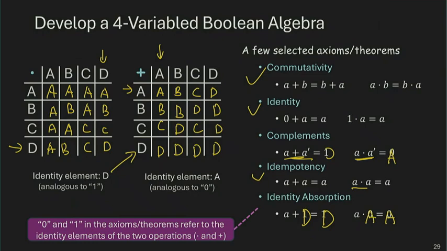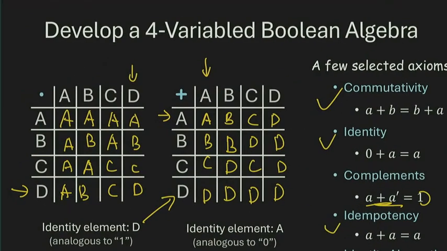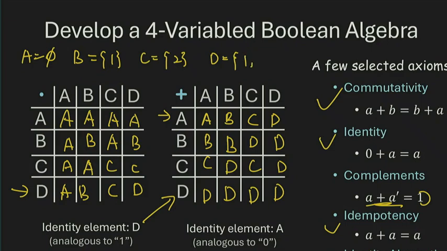Right? What's the meaning of this Boolean algebra? We don't quite know. But a slight hint I can give you is that you could think of this as A equals the empty set, B equals a set with a single element, 1, C is a set with a single element, 2, D is a set with 2 elements, 1 and 2.